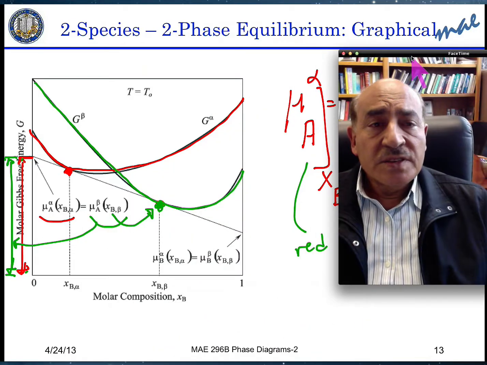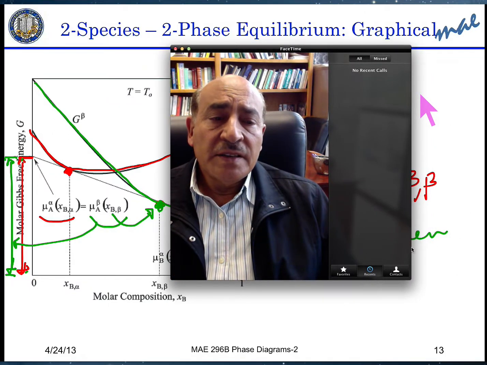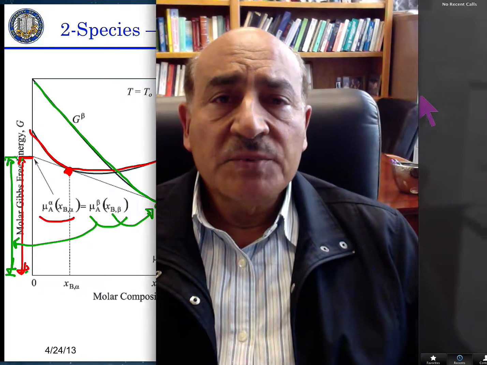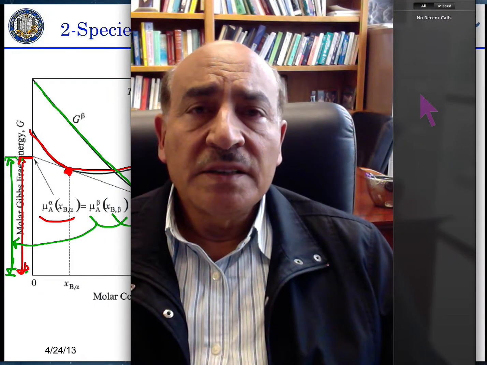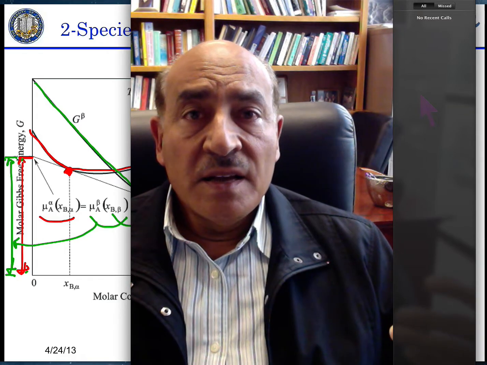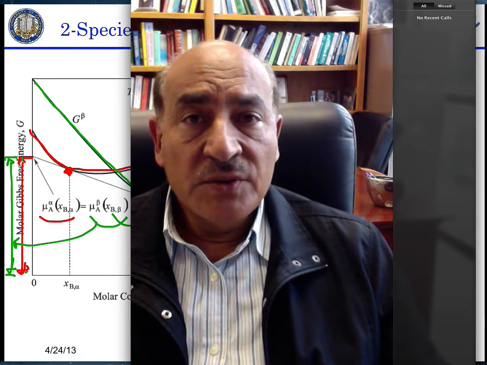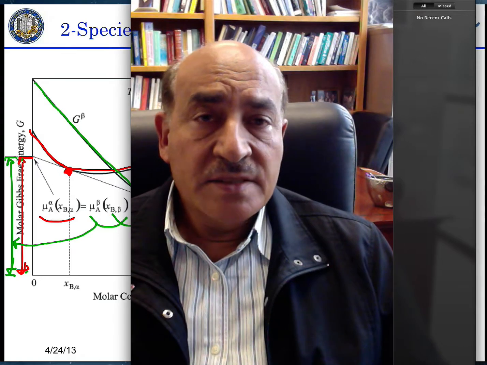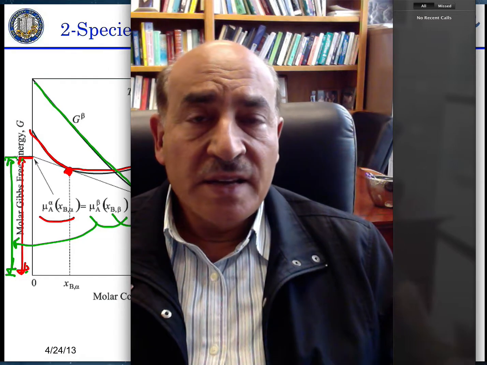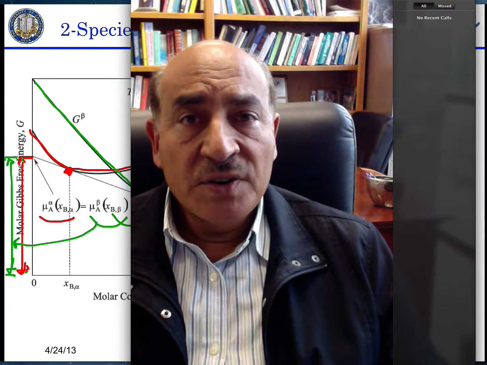So to summarize this whole area, we have learned that the equilibrium between species is governed by the chemical potential, and that in order for us to achieve equilibrium between two phases, let's say liquid and solid, these are the two phases, and I want to find the equilibrium between these two. Let's say I'm making an alloy, and the alloy is iron and tungsten. So A is iron, B is tungsten, and then I have a liquid and a solid.